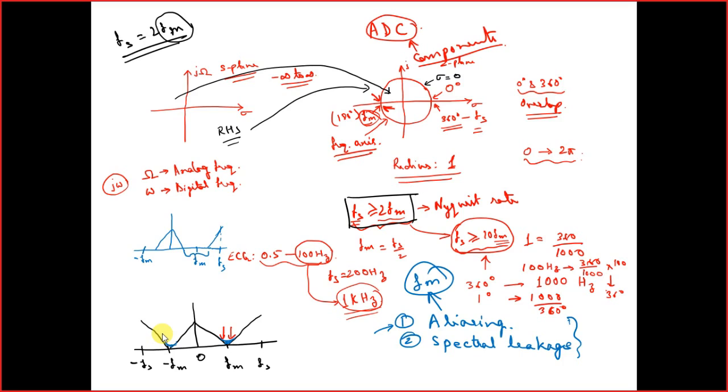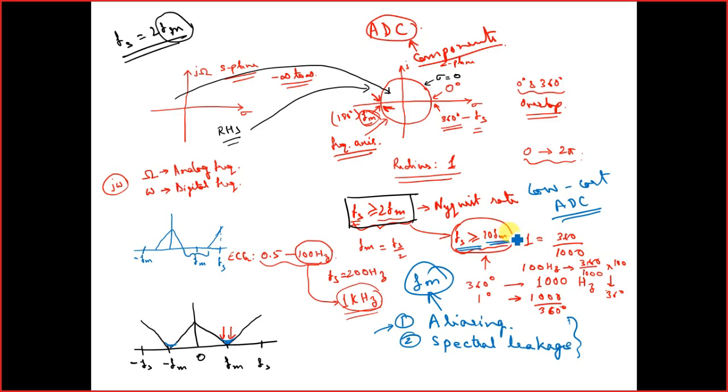So many times, especially if you are using low cost ADCs, low cost analog to digital converters, what you need to do is increase the fs by a factor of 10 fm or more.